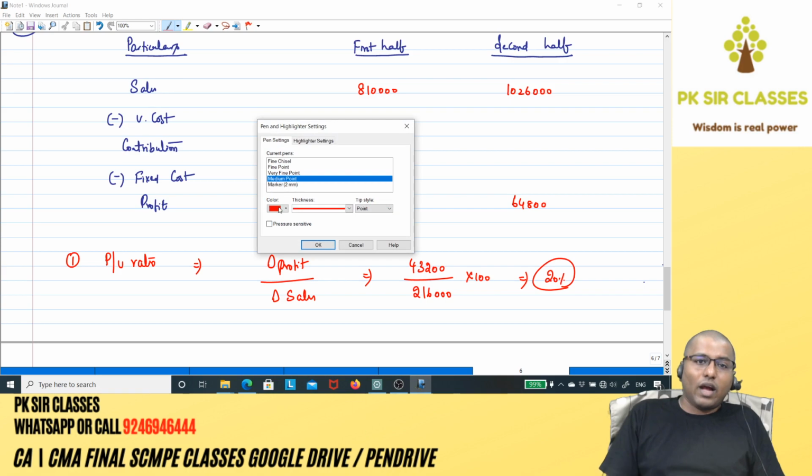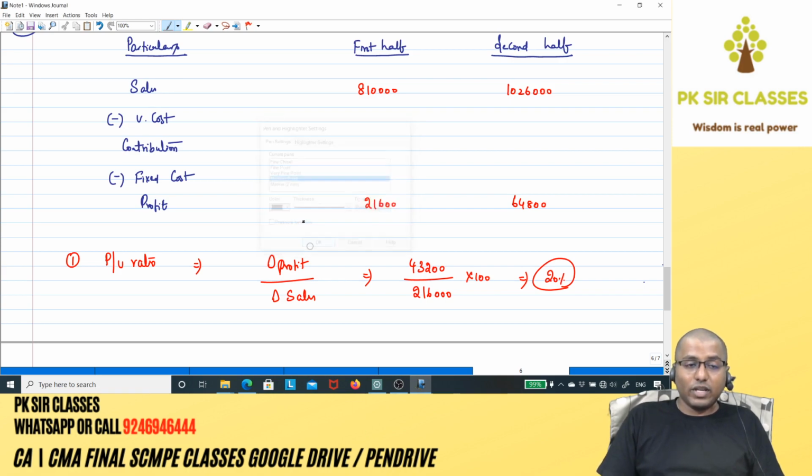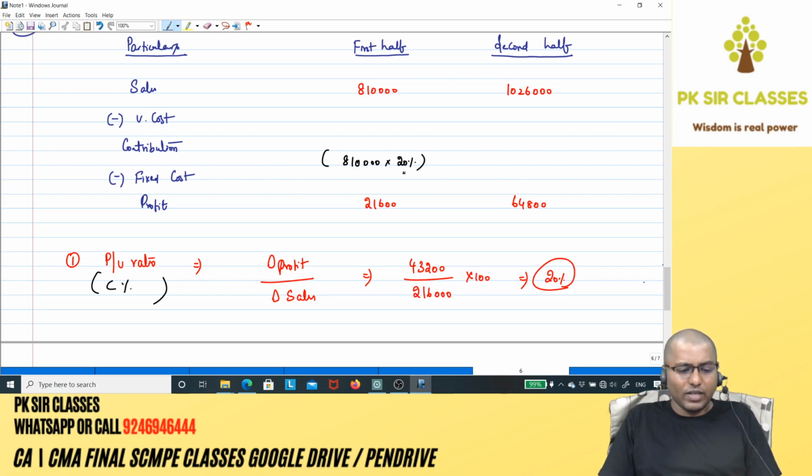This is where understanding things conceptually comes in handy. Now that you know PV ratio is nothing but contribution percentage, it should be relatively easier to solve this sum. Contribution percentage is nothing but PV ratio, so 20% means your sales of 8,10,000 into 20% should give you your contribution, because PV ratio is contribution as a percentage of sales.